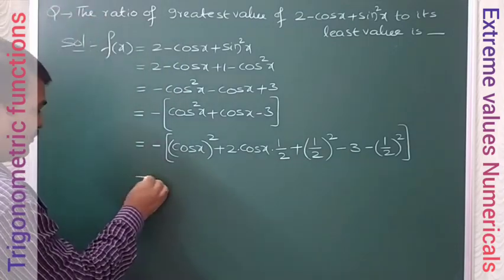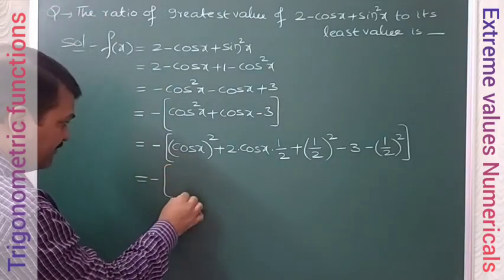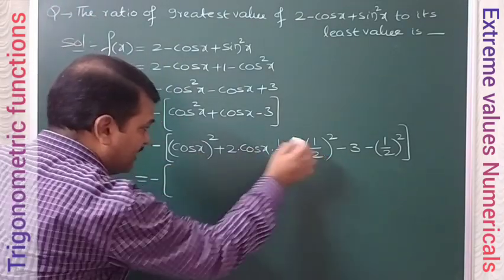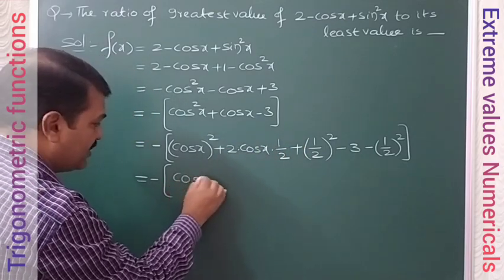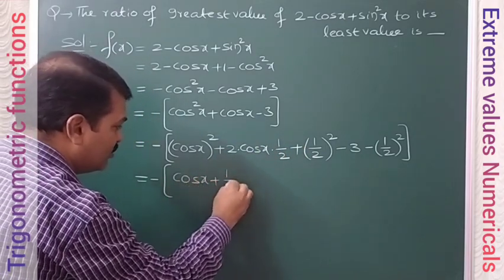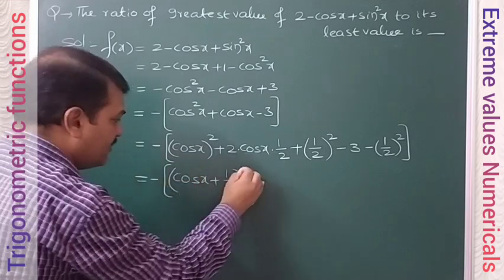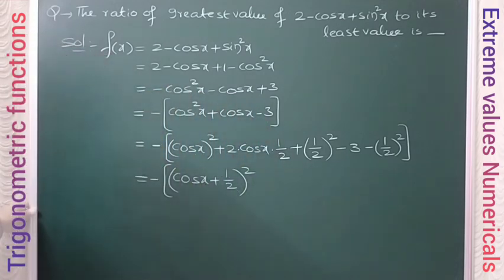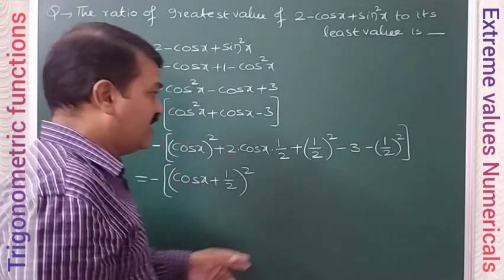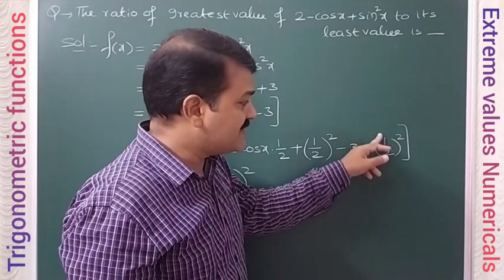Okay. So therefore this is minus of, for the first 3 terms, cos x plus 1 by 2 whole square. And the last 2 terms are minus 3 minus 1 by 4.